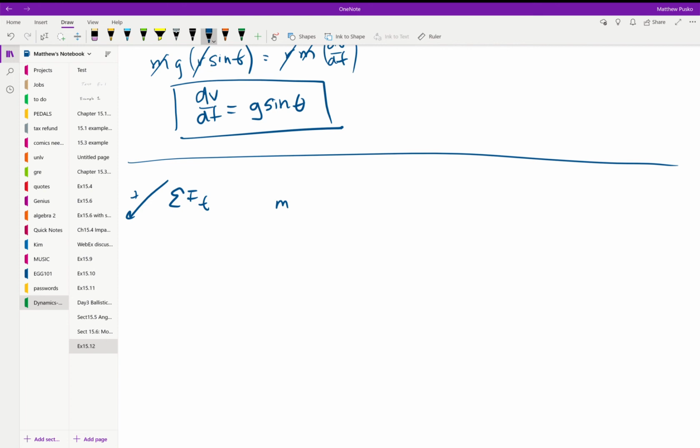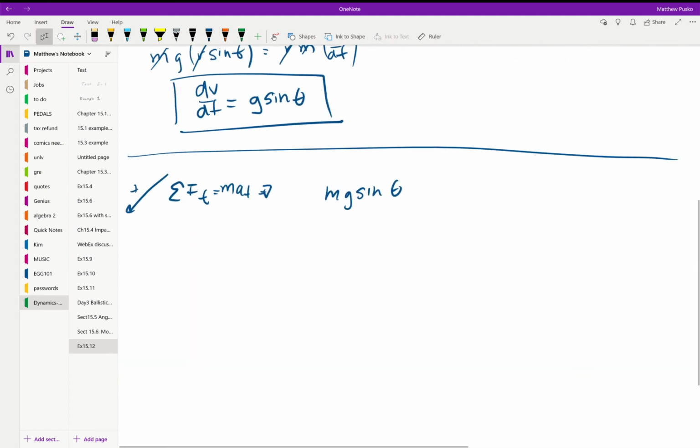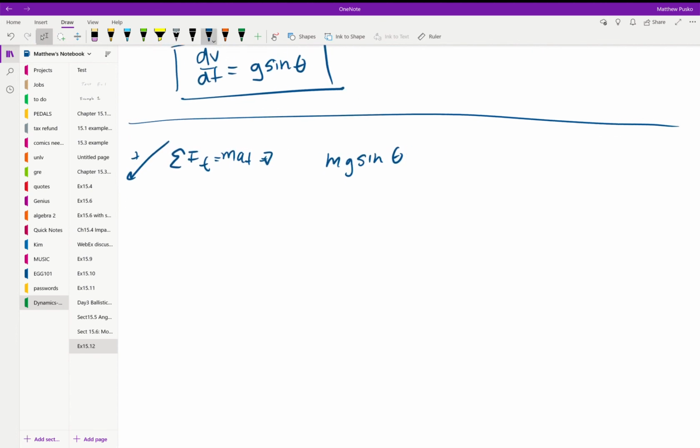So if I sum the forces, and that's equal to mass times the acceleration, I get mg sine theta, just the component of its weight, right there, mg sine theta. If I'm going to do another free body diagram, we would have mg down, this would be our theta, and mg sine theta would be the one in the tangential direction.